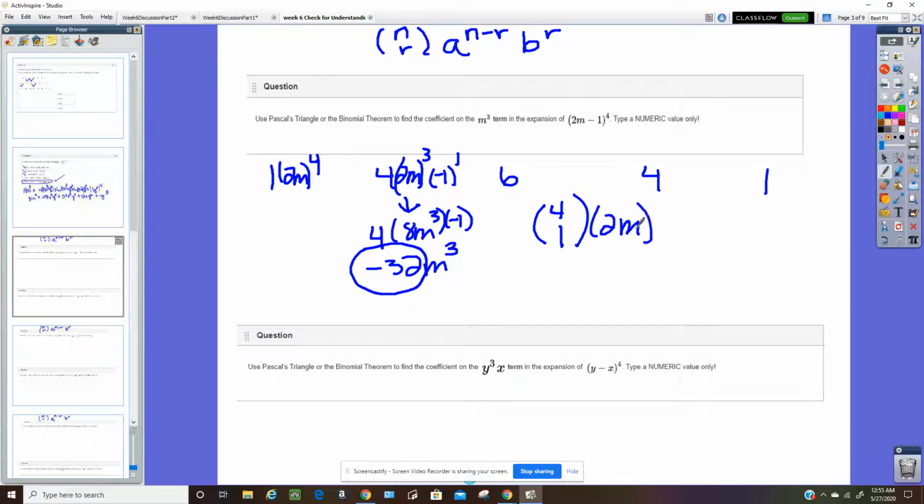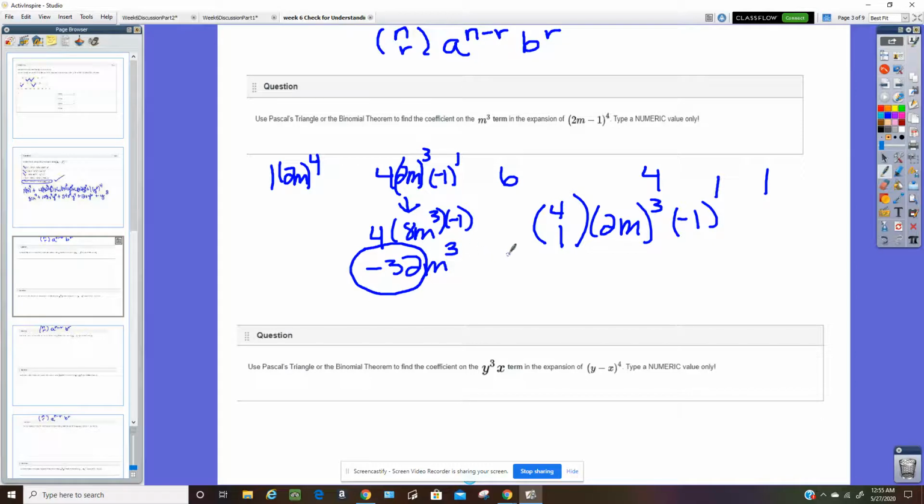2m, and then to the 4 minus 1, which is 3, and then negative 1 is my b value, and my r value is 1 here.